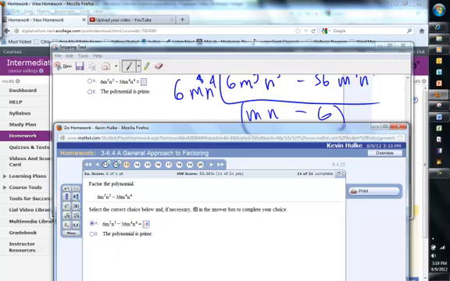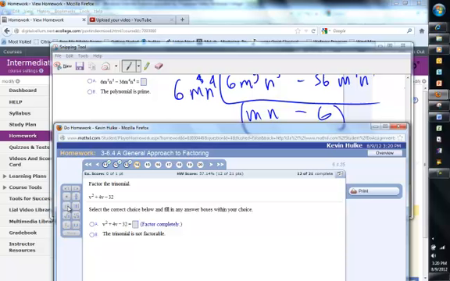Parentheses 6m to the 4th n to the 4th, and then mn minus 6. Next one.